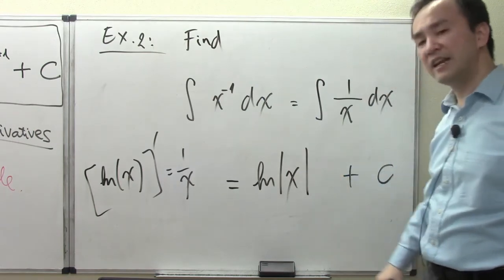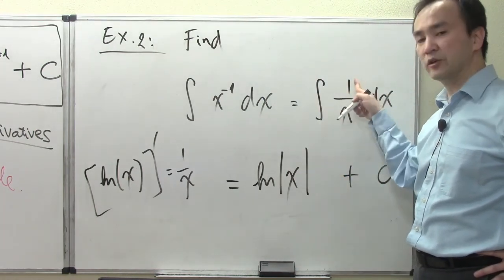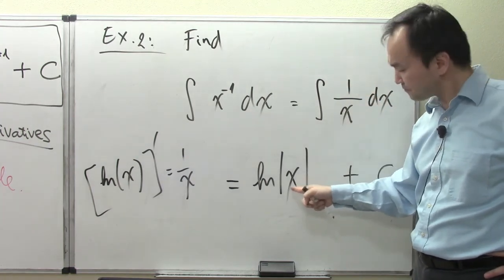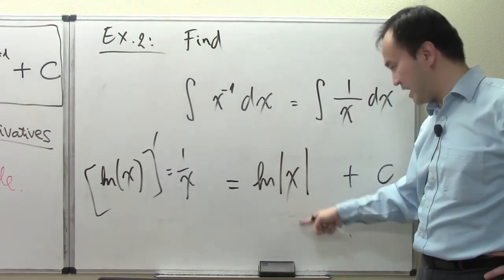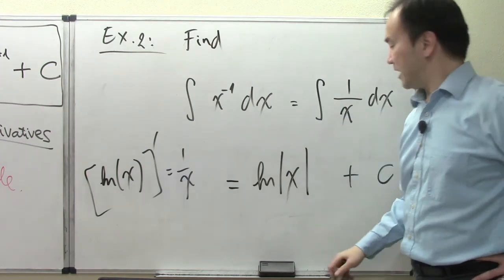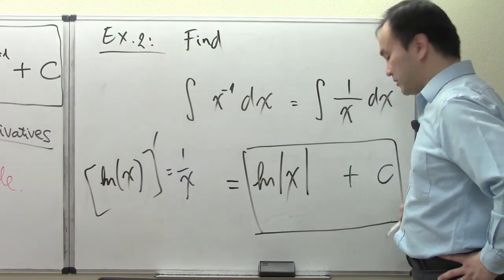Please put that in absolute value for me. Anytime we're taking the antiderivative of 1 over x, your antiderivative will go in natural log, but not just simply x, natural log of the absolute value of x. That's the one thing for sure. Okay, and so that's your answer.